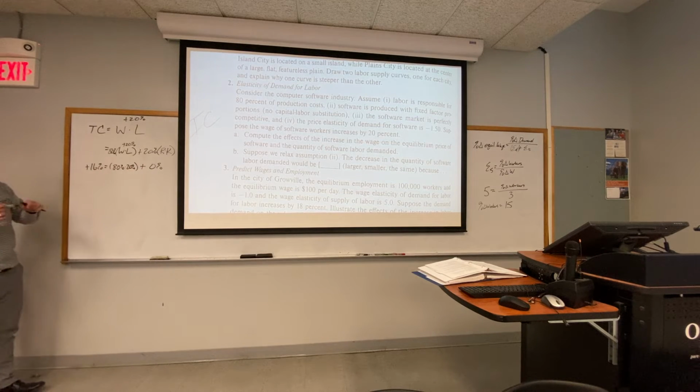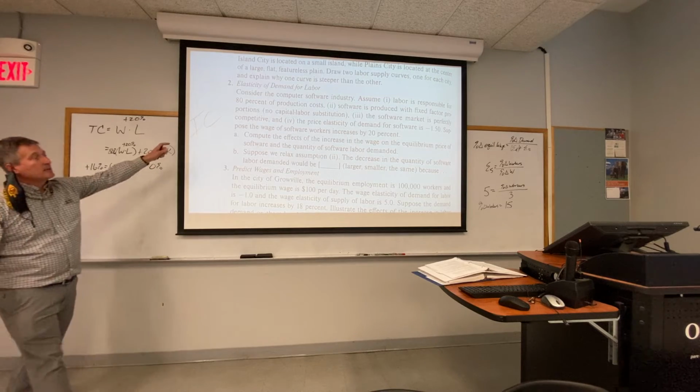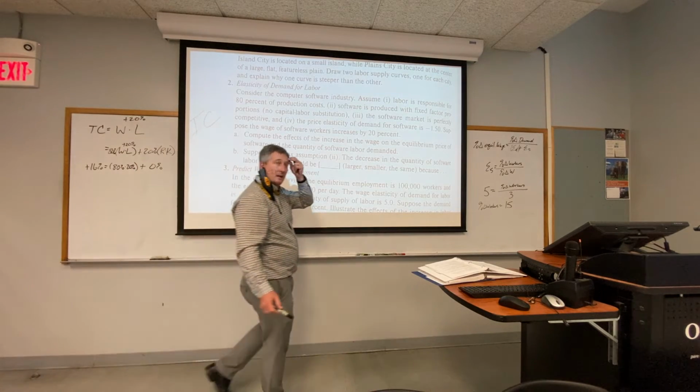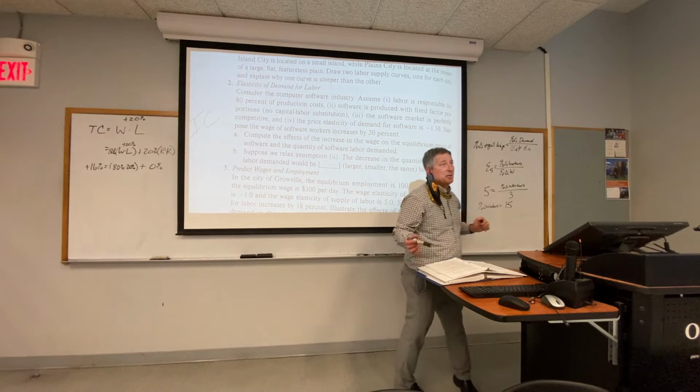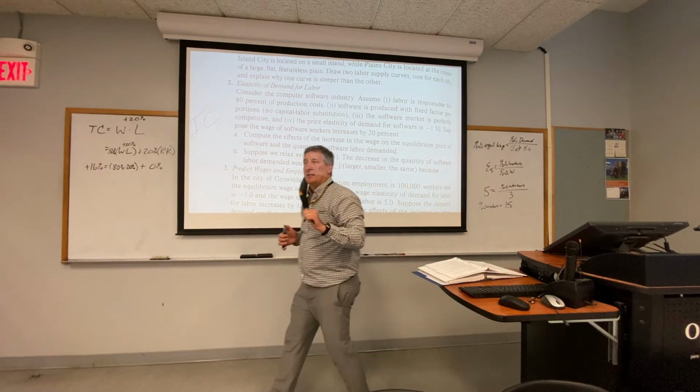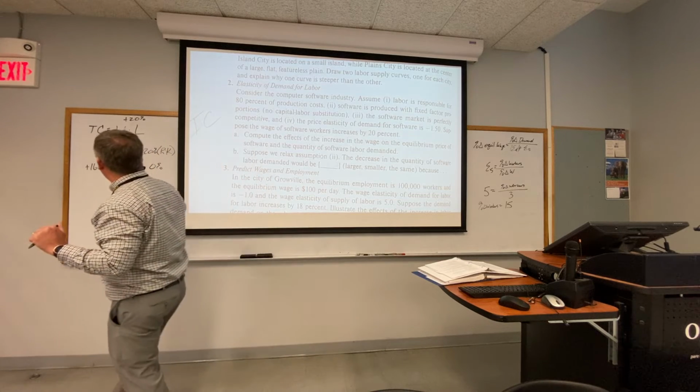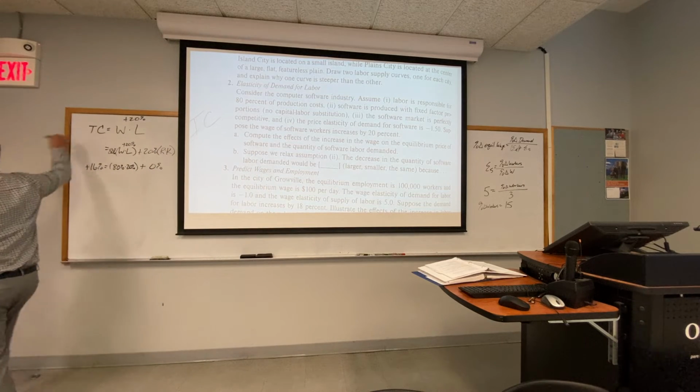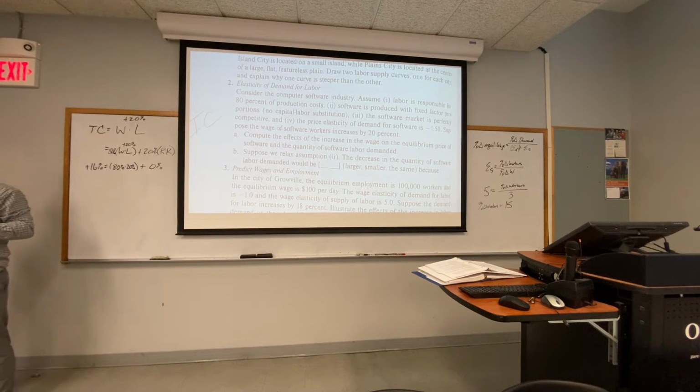Now back to our perfectly competitive situation. What's going to happen to my price if cost went up by 16%? What happens to the price of my product? It goes up by 16%.